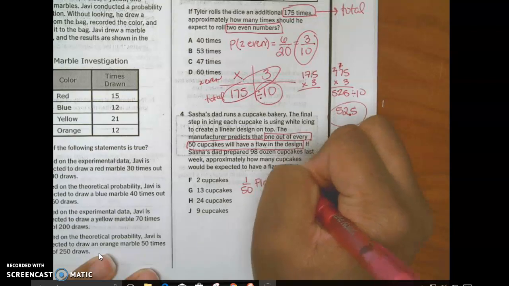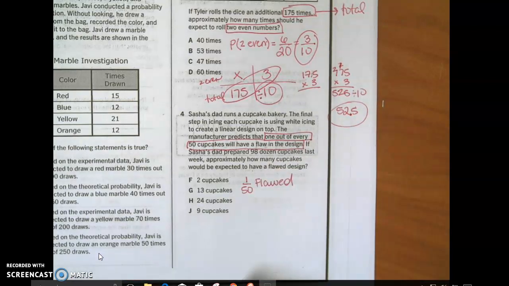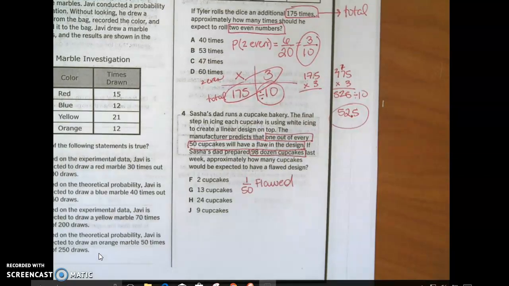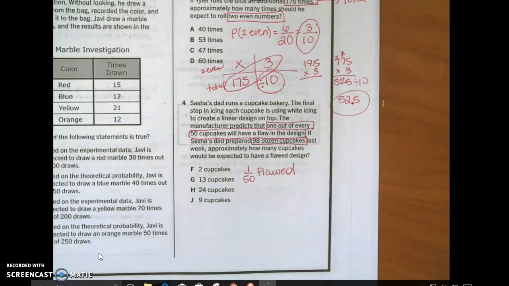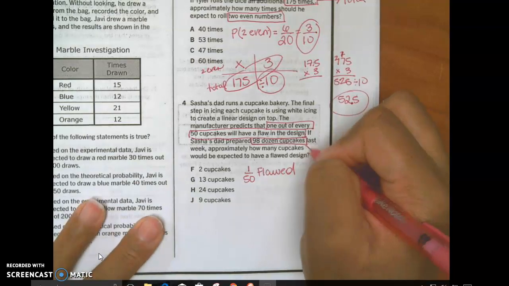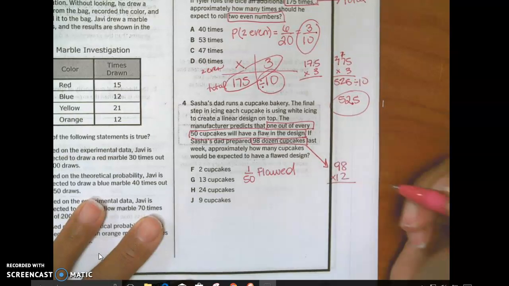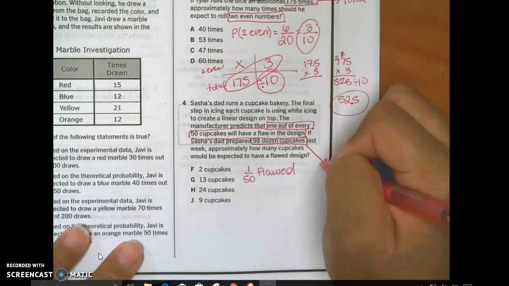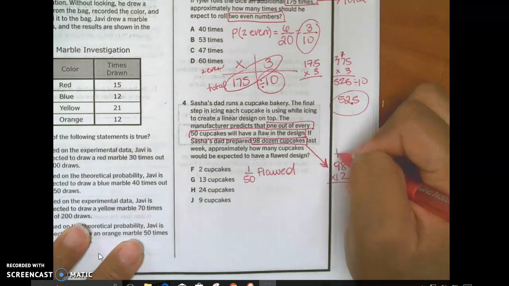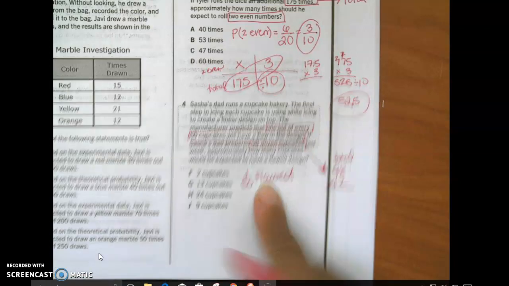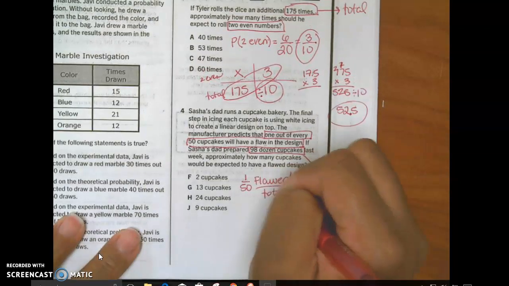If Sasha's dad prepared 98 dozen cupcakes, what do I have there? 98 times 12. 98 times 12 is my what? A total. What's my total over here? 50. Flawed out of total.